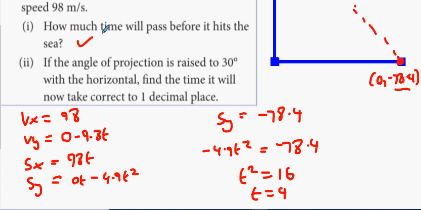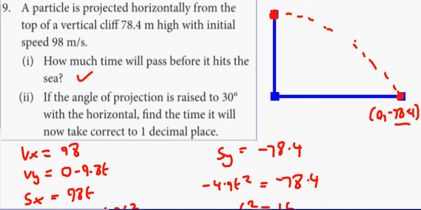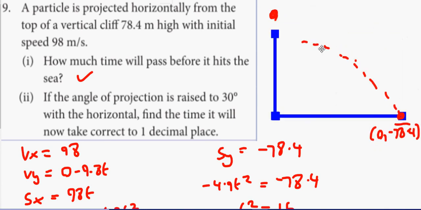Alright. Now, where the real money's made is you're going to have to adjust your angle. Okay? So initially we fired it downwards. Okay? And it went down this way. Next thing we're going to do is we're going to adjust our angle upwards to 30 degrees.